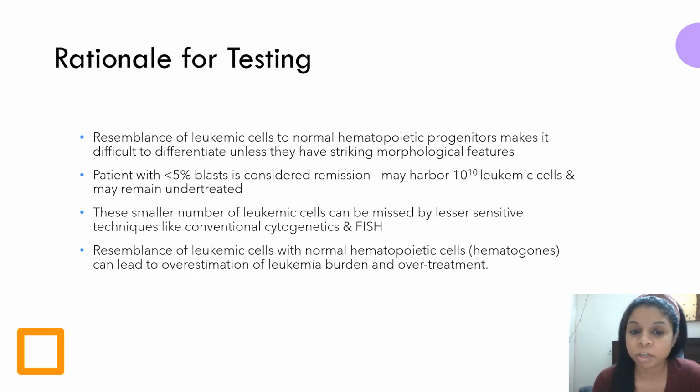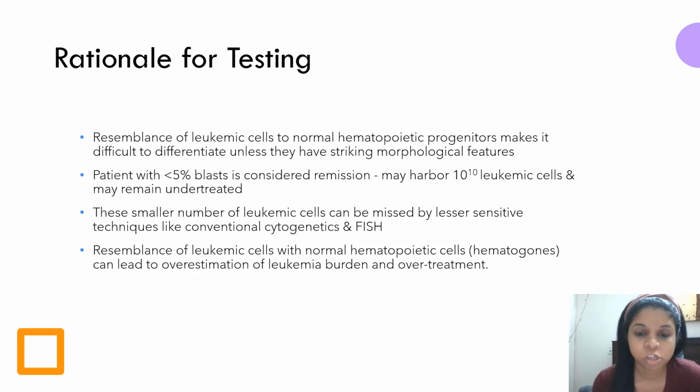Hematogones, that is normal hematopoietic cells, resemble leukemic cells, because in leukemia also what is present is blasts and lymphocytes, myeloid precursors, etc. But you cannot tell that there is a mutation in these blasts only by morphology. So it is difficult to estimate the leukemia burden by just looking at the morphology. So that is why you need MRD detection.